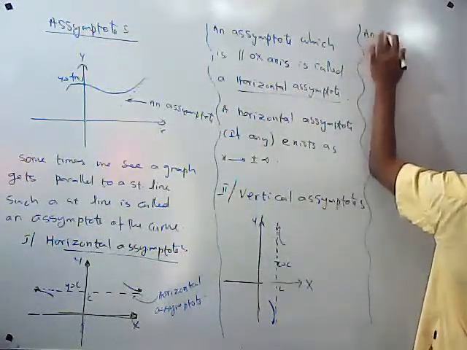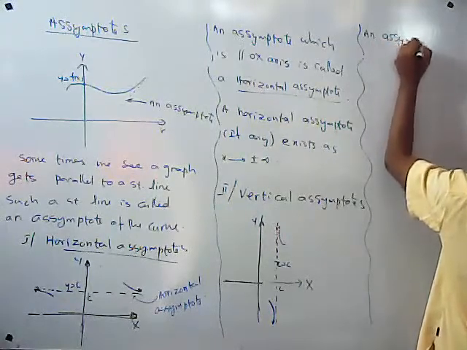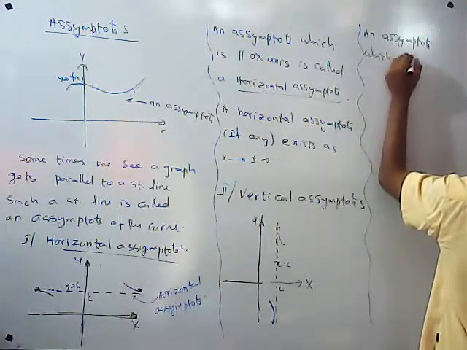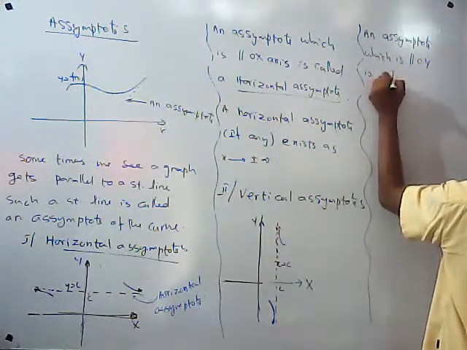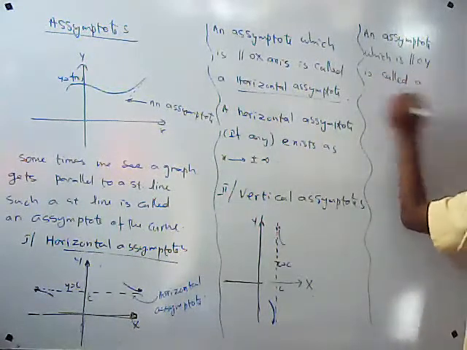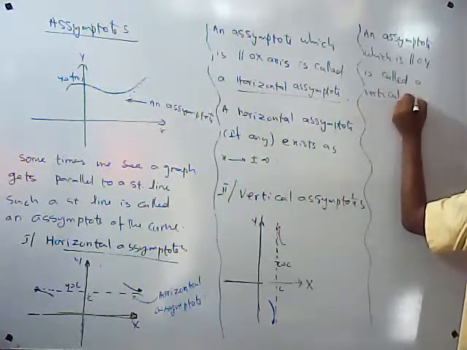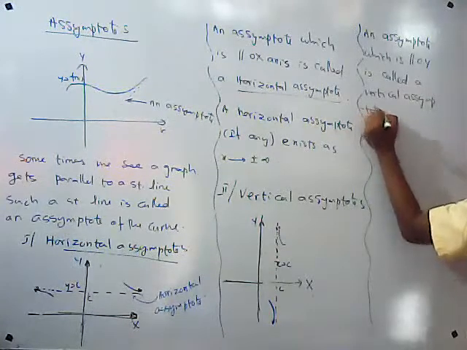An asymptote which is parallel to the y-axis is called a vertical asymptote, right?